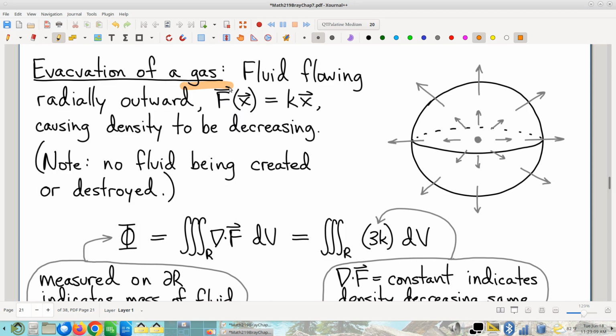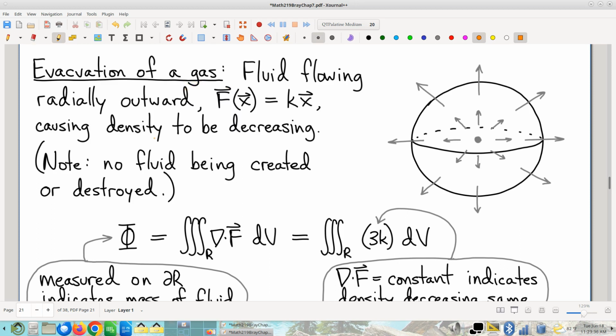And so looking anywhere in the inside, the amount of gas in any given small region is decreasing, because it's the same amount of gas over bigger and bigger volume: constant divided by increasing means the density is decreasing. So again, not like light in that sense either. Very different physical rules for this kind of fluid.